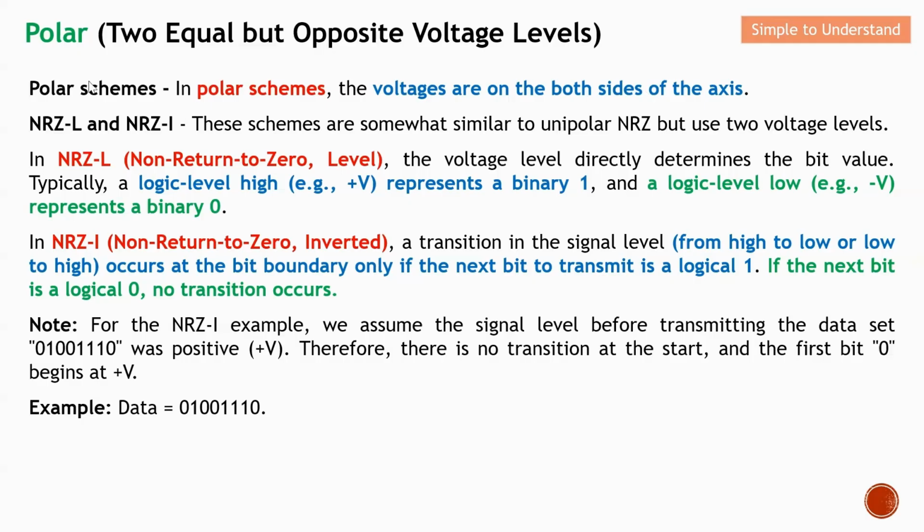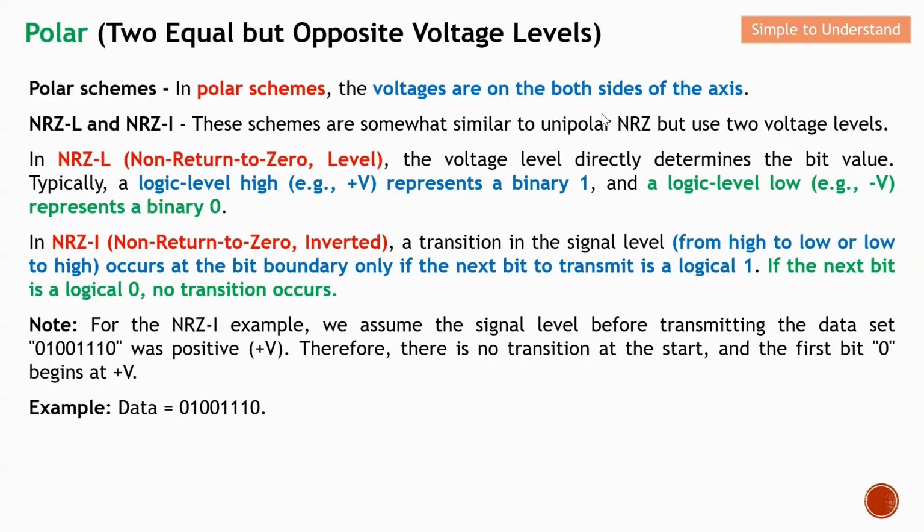Let's come to a little more information on the level and the inverted for non-return to zero. These schemes are somewhat similar to unipolar non-return to zero, but for these two cases, they use two voltage levels. For unipolar non-return to zero, there is only one voltage level, and the other one will be 0, if you still remember.